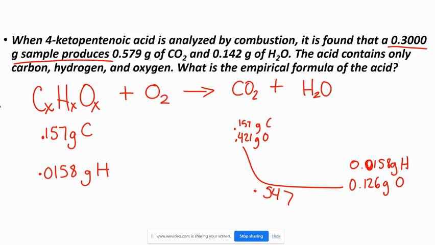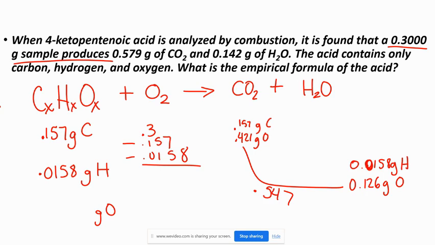So I have to take the 0.3. I have to subtract out this amount and this amount, and what's left over is the grams of oxygen. So 0.3 minus 0.157 minus 0.0158.